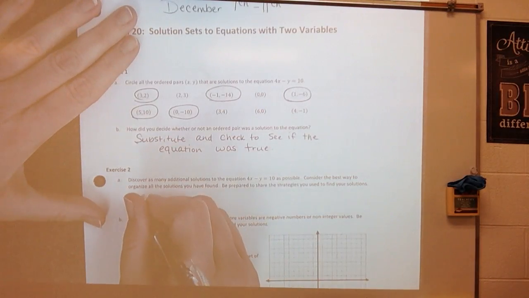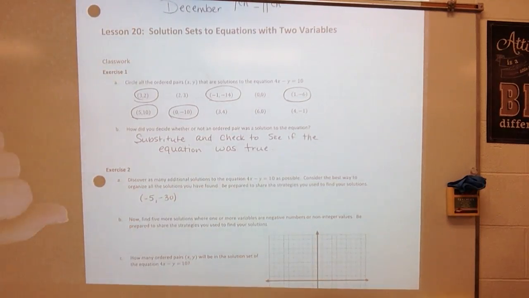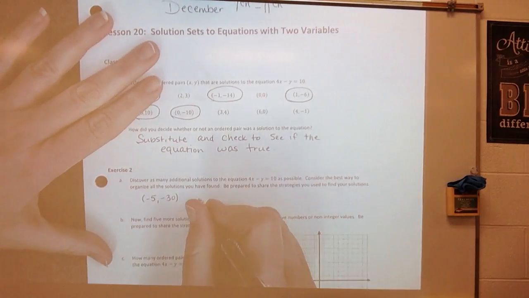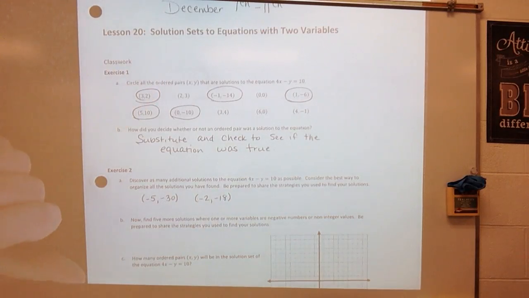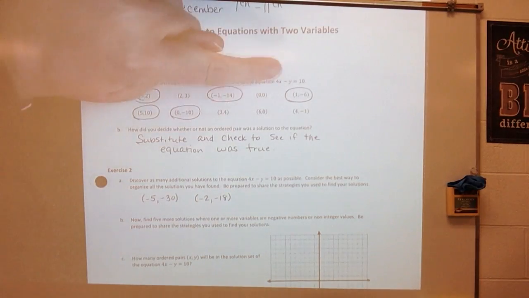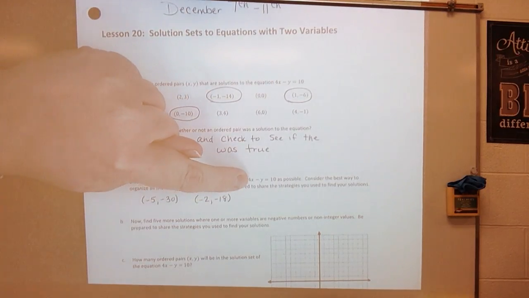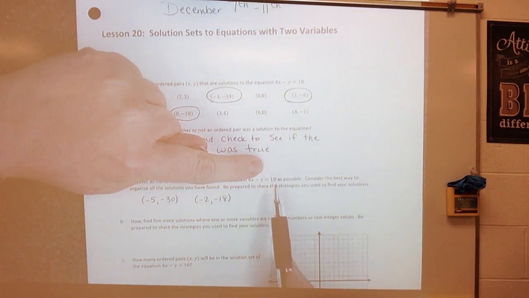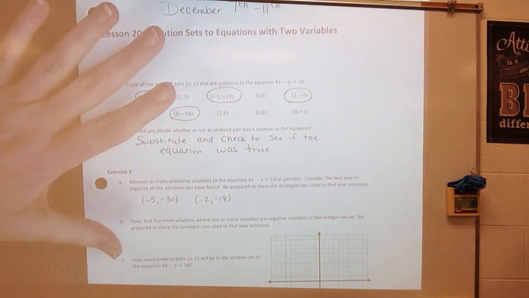Maybe you can come up with different ones. Negative 5, negative 30 would work. Negative 2, negative 18 would work. If I put in 2 for x, that would be 8, so what would I have to have here to give me a positive 10? I could put 2, negative 2.